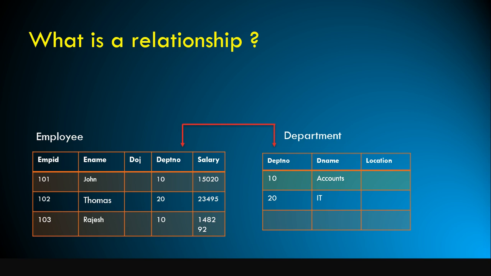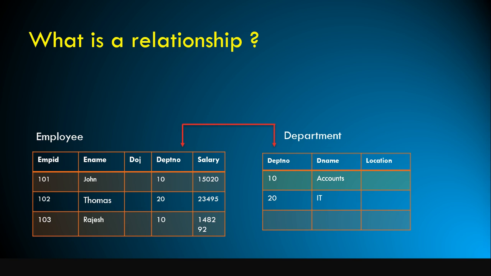First off, what is a relationship? Relationship is nothing but filtering. Supposing you wanted to query the value from more than one table, let's say in this case two tables. If you want to query the values from two tables, you need to have the relationship between two tables.